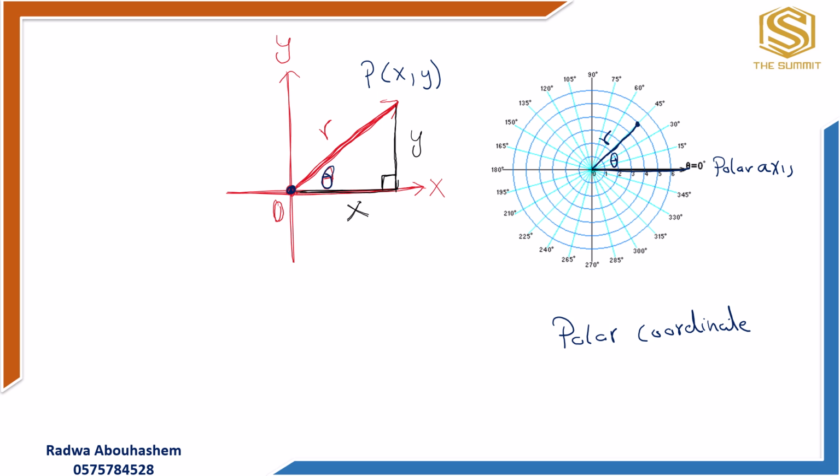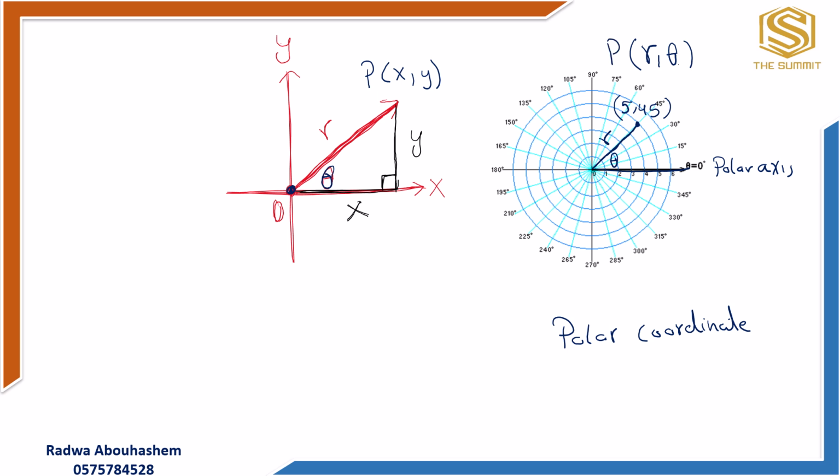So if my point is here, how many circles do you have here? 1, 2, 3, 4, 5. So this is 5 and 45. I could represent it by r and theta. So in polar coordinates, we represent the point by r and theta.